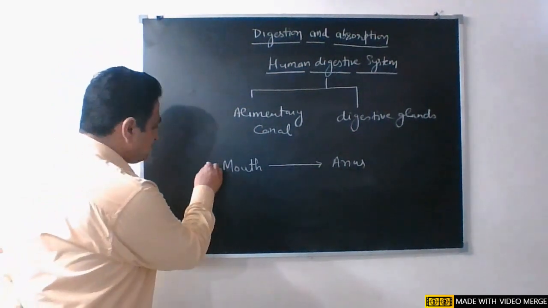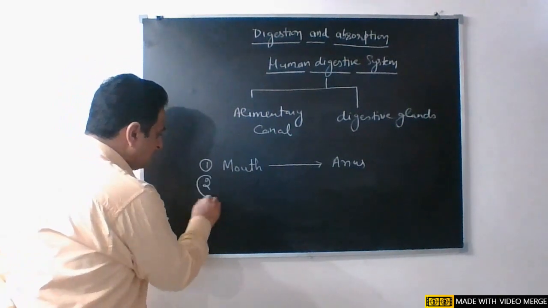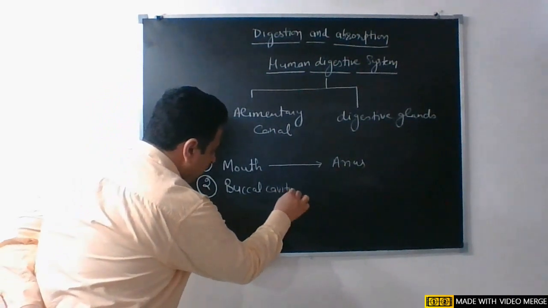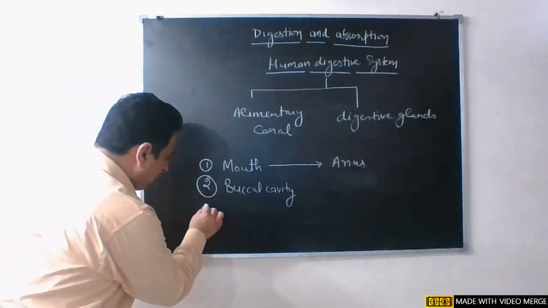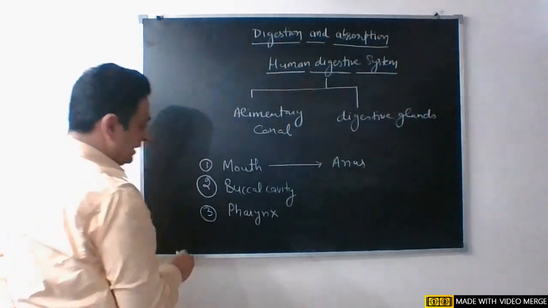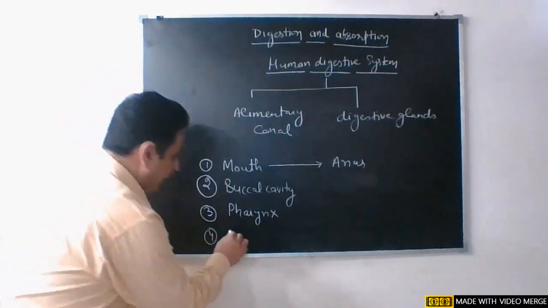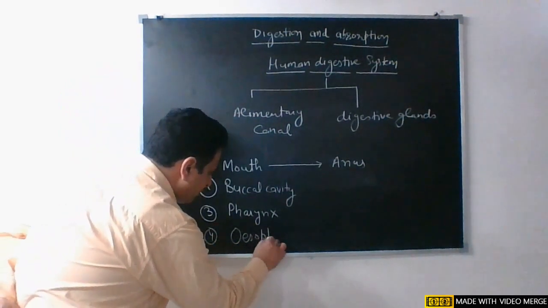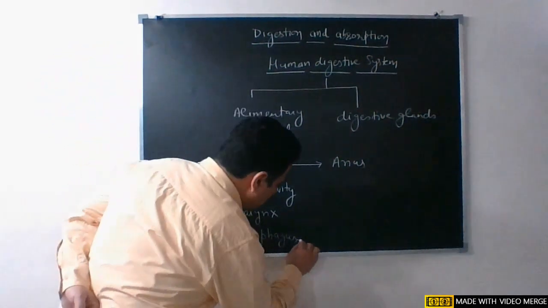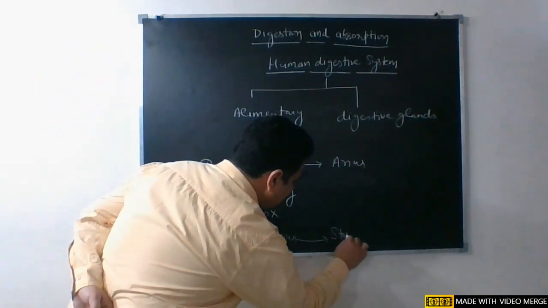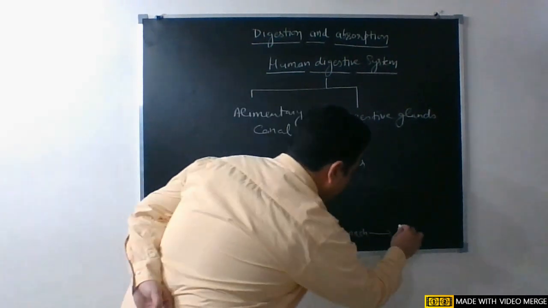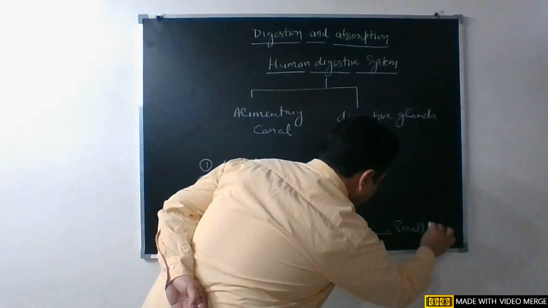So after the mouth, the second part is the buccal cavity. Buccal cavity leads into the pharynx. Then the pharynx leads into the next part, the esophagus. The esophagus leads into the stomach. The stomach leads into the small intestine.